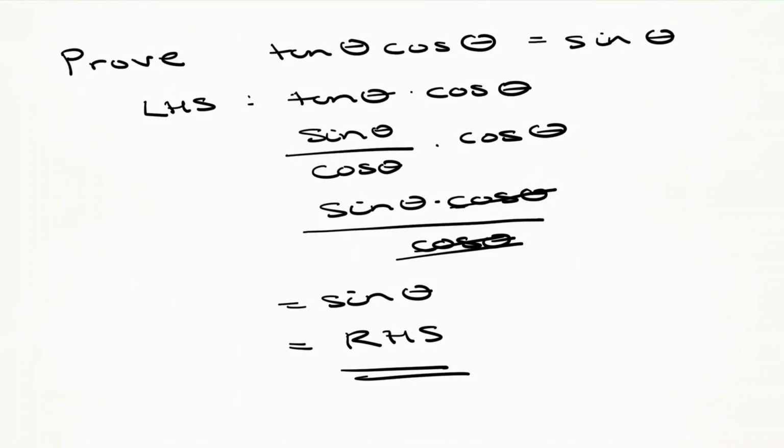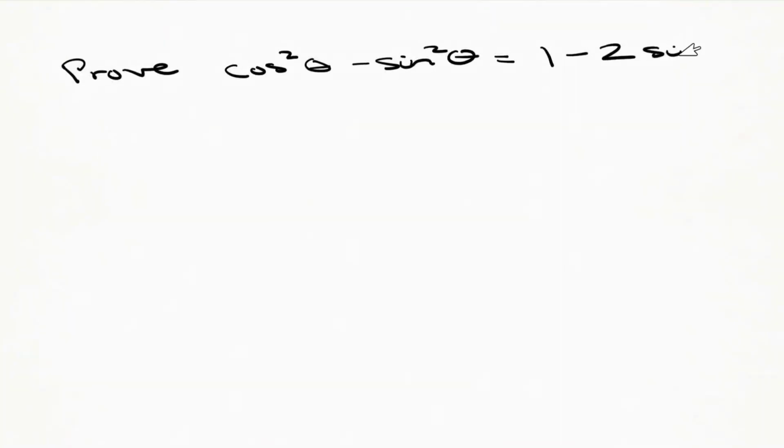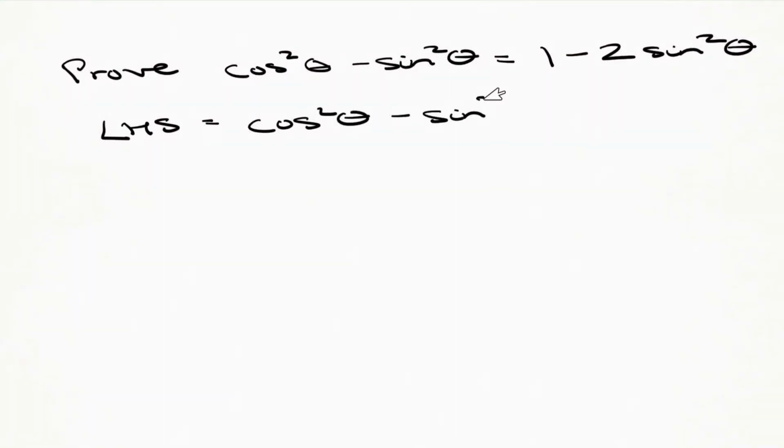Let's have a look at another example. Let's suppose I've got to prove cosine squared theta minus sine squared theta is equal to 1 take 2 sine squared theta. So I'm going to start with the left hand side again. Left hand side is cosine squared theta minus sine squared theta.